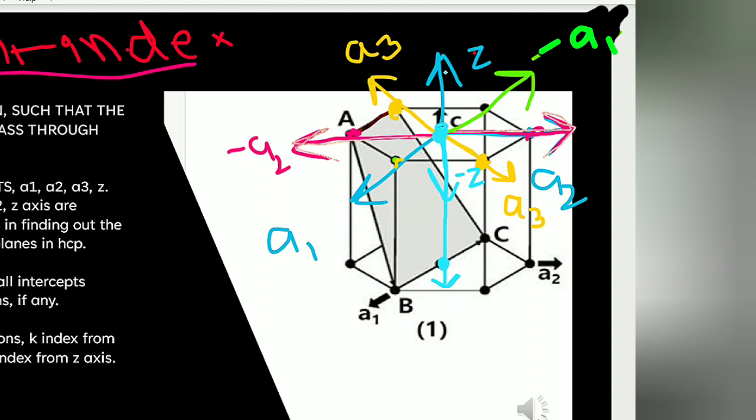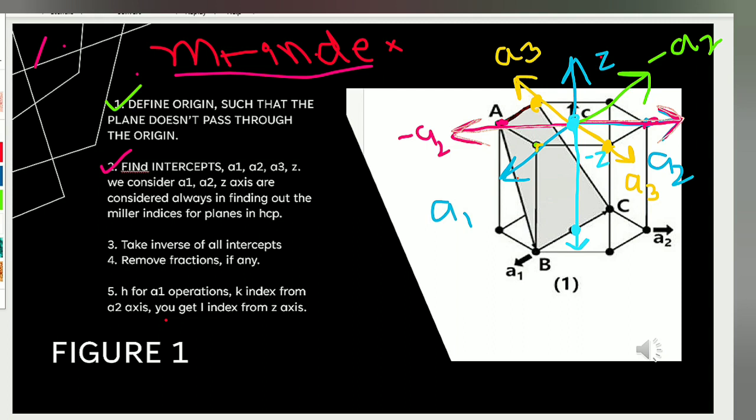And yes, this is our complete picture. Positive directions are mentioned, negative directions are also mentioned. Why I mentioned all of these directions you will see when I will be finding out the intercepts corresponding to A1, A2 and z-axis here.